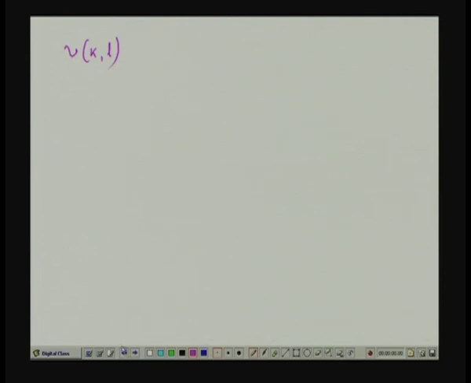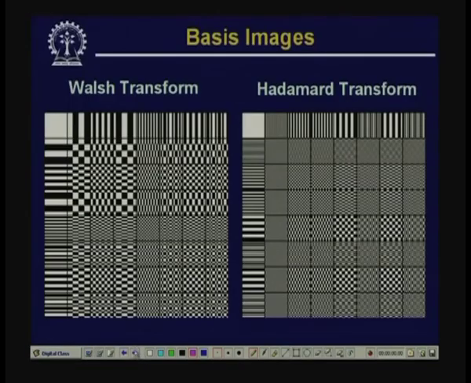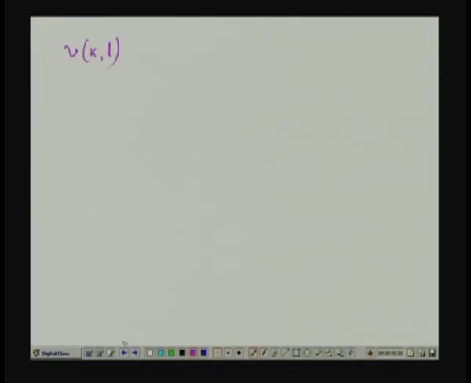So, when you compute this VKL, as we have seen earlier, it is represented as the inner product of the input image U and the KLth basis image A star KL. Each of these coefficients VKL is actually the inner product of the input image U with the KLth basis image A star KL.